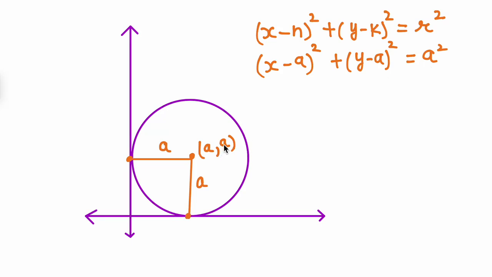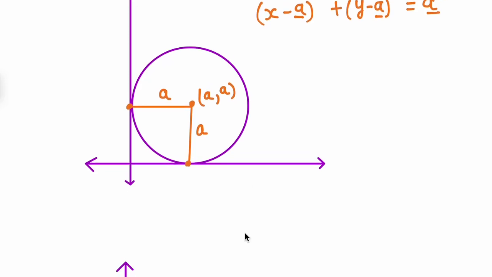You can also write r, but just to differentiate the general equation and this specific condition, I am writing a in place of r. So if these numbers are the same, this shows that the circle is touching the x-axis as well as the y-axis. I'm saying touching, not intersecting, right?